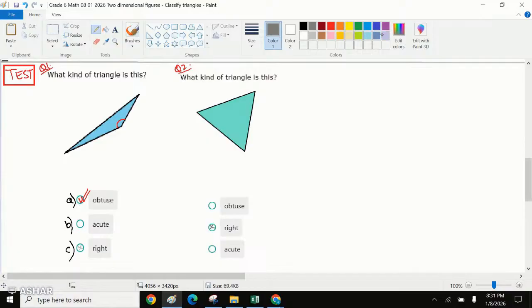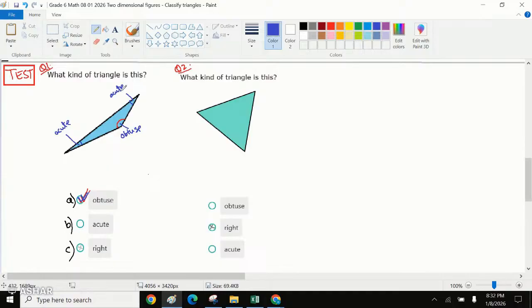In the previous question, this was obtuse, so because of this obtuse angle, the triangle became obtuse. But the remaining two angles were still acute. Option number 3, acute is correct.